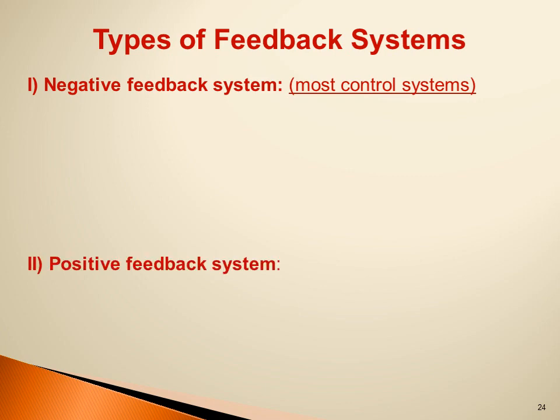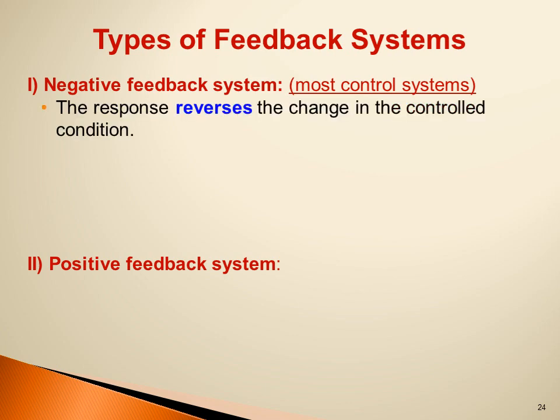And we have very few examples of positive feedback systems in our body. In the negative feedback system, the response reverses the change in the controlled condition, or in a very simple way, the response will be opposite to the stimulus. For example, if the stimulus is an increase in blood pressure, the response is a decrease in blood pressure back to normal.